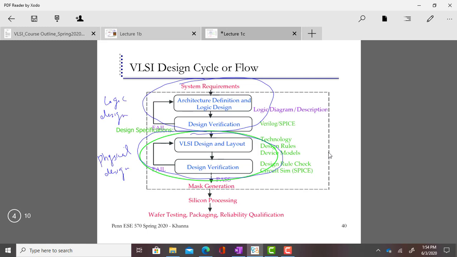So logic design and physical design. We talked about this in detail: the physical design is about physical library gates, and it is about the generation of masks.